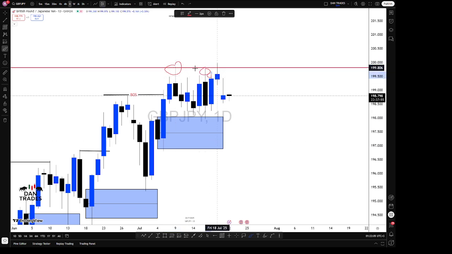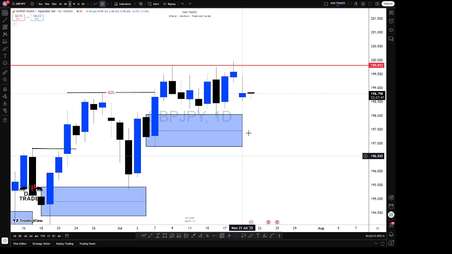So if these highs have been taken out, where are we supposed to be targeting, right? That's where we need to look. All the highs have been taken out, so we are supposed to be looking at around the low of this candle, right? Because if we look at the low of this candle of Friday, already this candle has been taken out, so we are supposed to be looking for a selling opportunity.